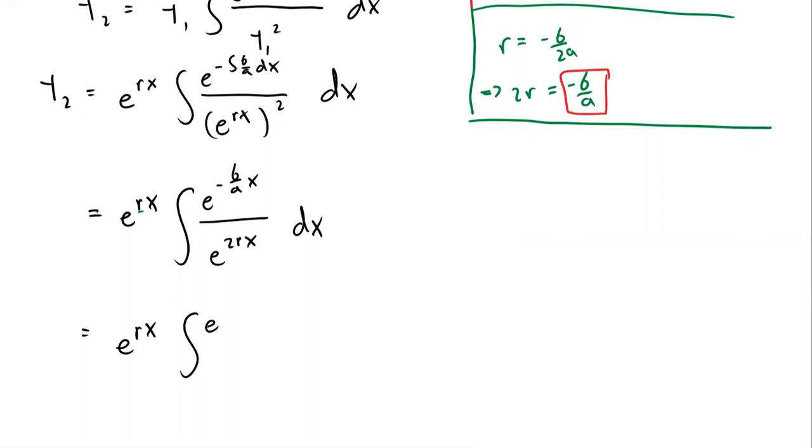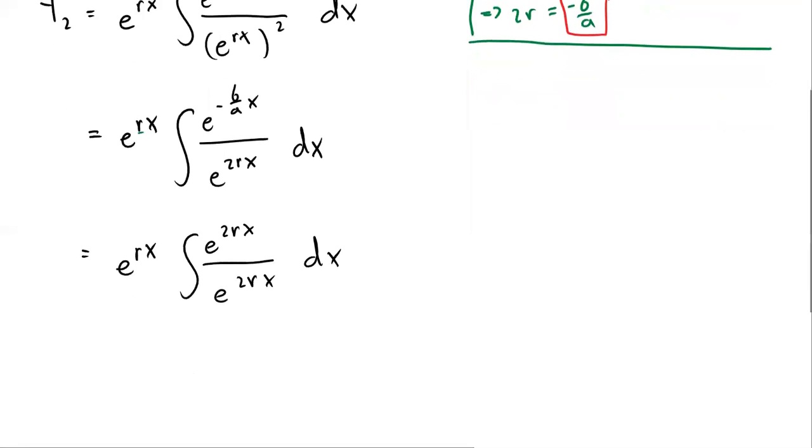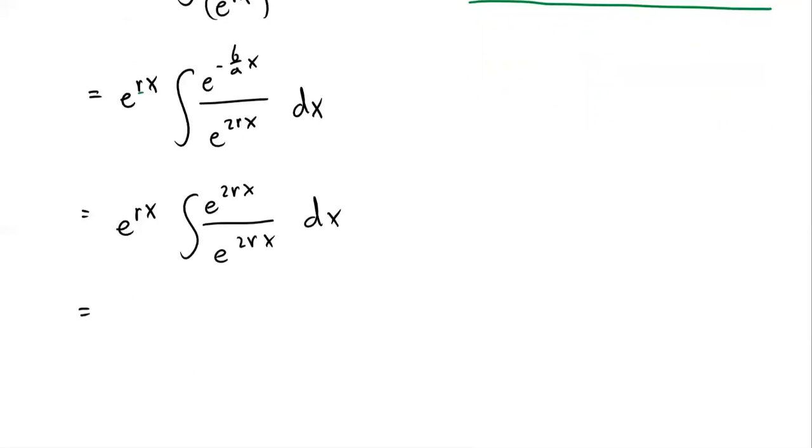So negative b over a is the same as 2r, so it just becomes e to the 2rx over e to the 2rx dx.